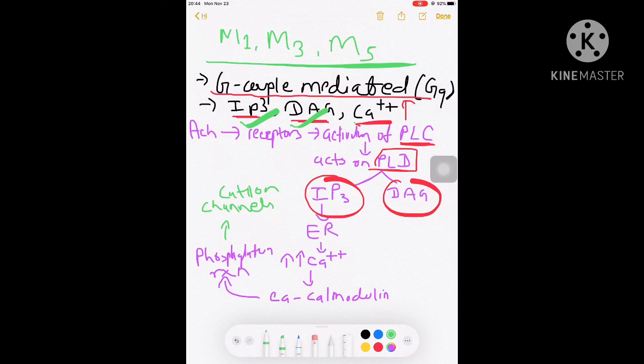Through these cation channels, cations can go inside the cell. Then the cell gets electrically activated and depolarization eventually occurs.